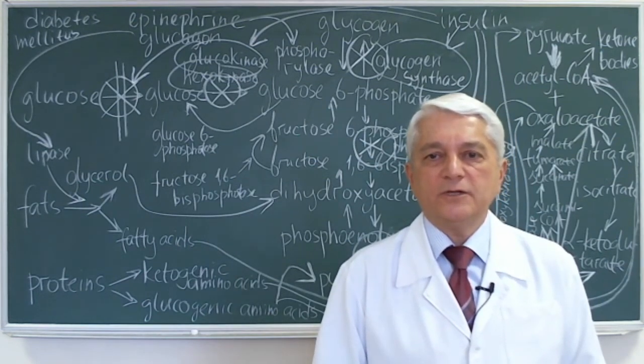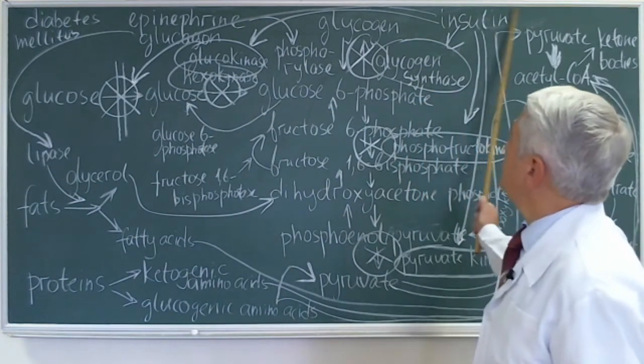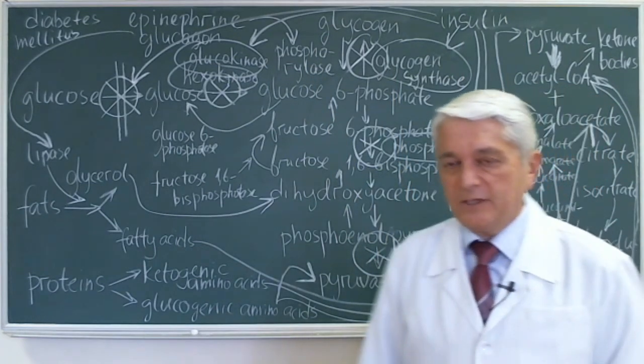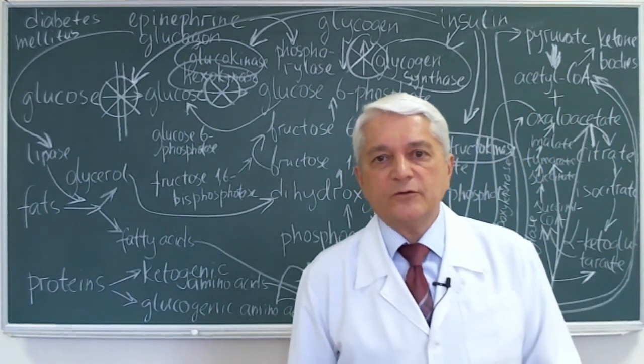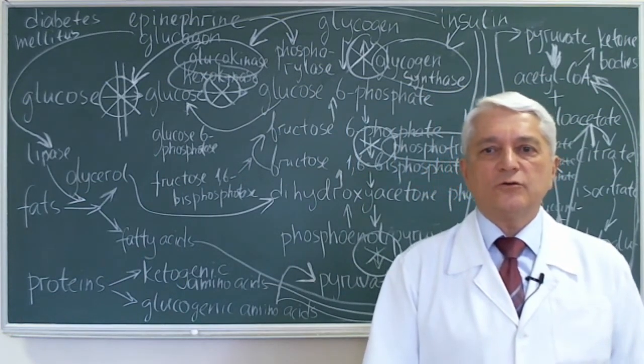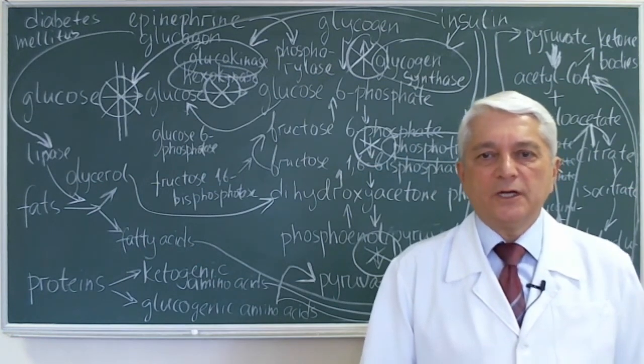And the girl did not die, because now she obtained insulin. All these enzymes appeared in the organism of the girl, and the concentration of glucose and ketone bodies went down.